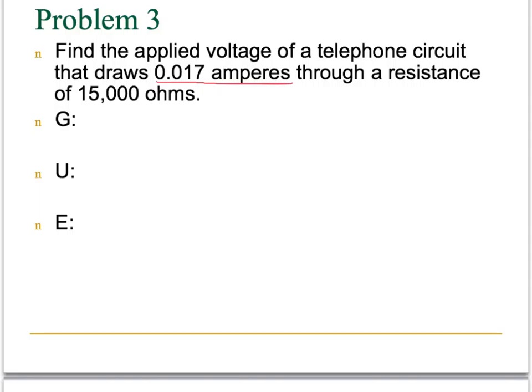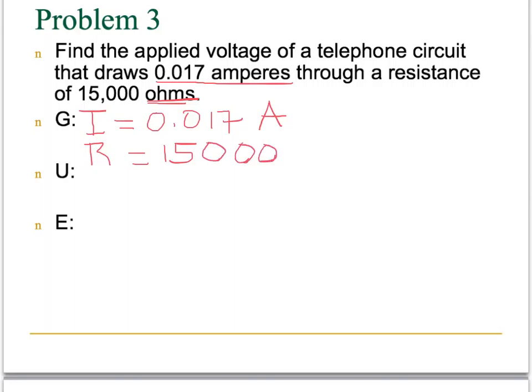So we know that the ampere unit is for current, so we are given I, which is 0.017. Write down the unit A. And the unit ohms refers to the resistance, so we are given the R. So we have 15,000 ohms.